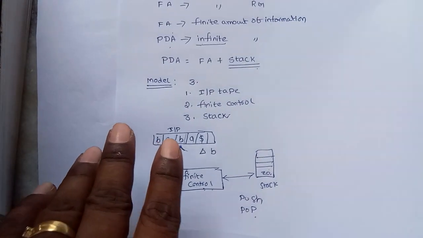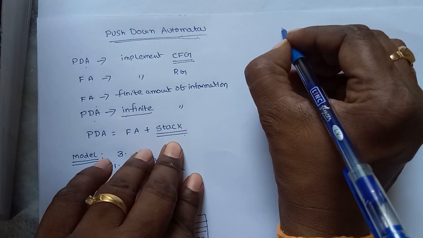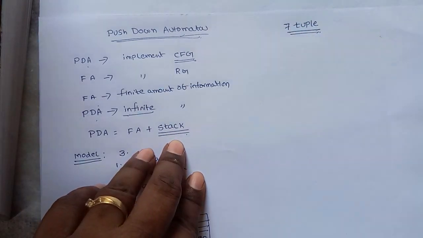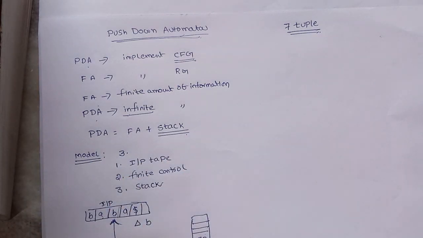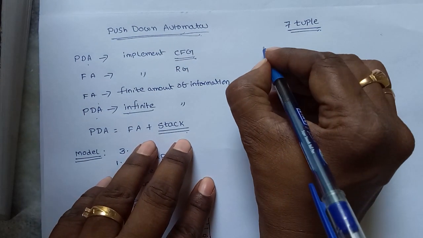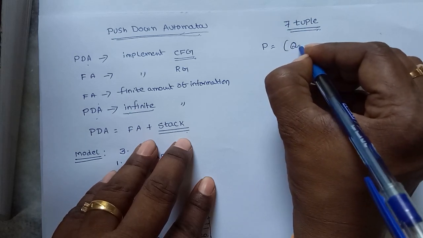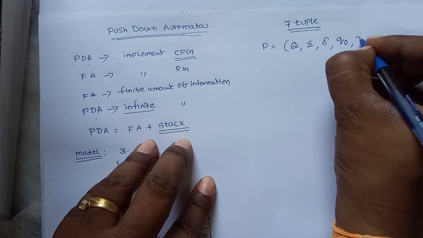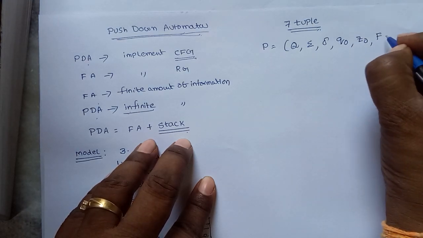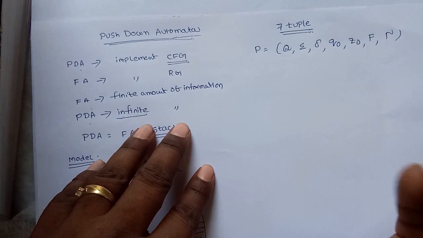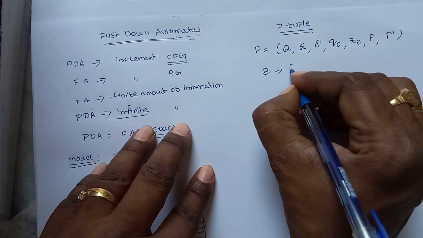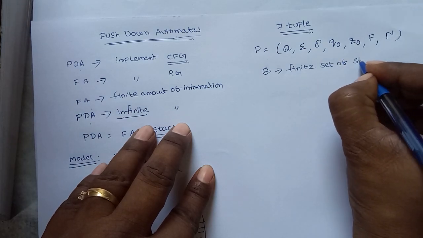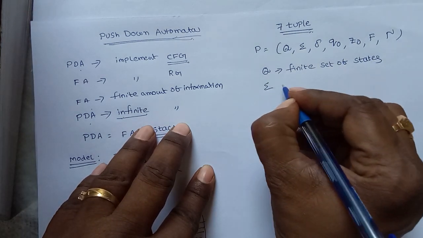Now push down automata is represented in a 7 tuple format. Suppose P is equal to Q, sigma, delta, Q naught, Z naught, F and gamma. Here Q is a finite set of states.